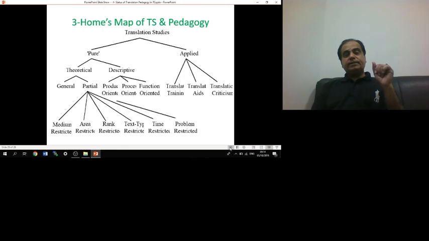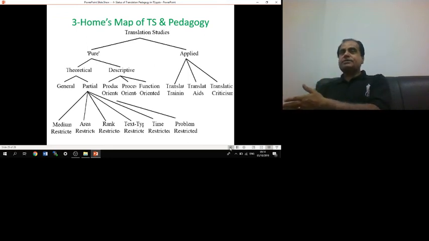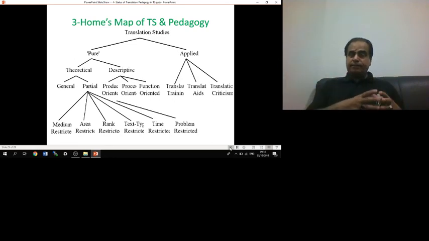Because if you see the descriptive, product, process, and function oriented, you see these descriptions, they provide huge knowledge to be applied on the applied translation studies side. So that means translation pedagogy gets a lot of help from the descriptive part of pure translation studies.